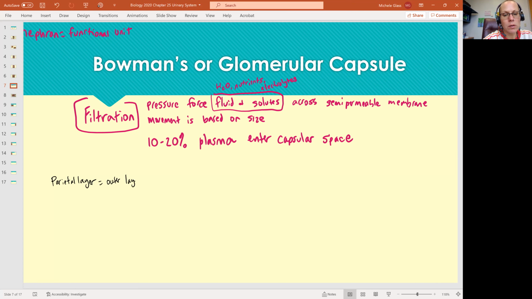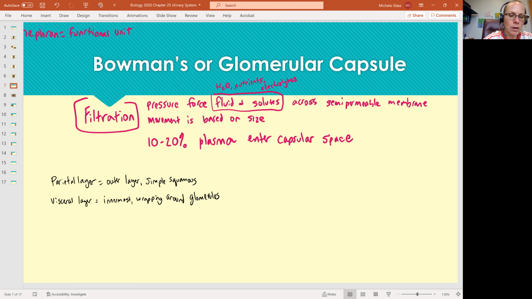And this is going to be composed of simple squamous epithelial tissue. And then we're going to have the visceral layer. And visceral, remember I've said all along, think of guts. So this is closest to the internal organs. In this case, this is going to be the innermost. This is going to be wrapping around the glomerulus.